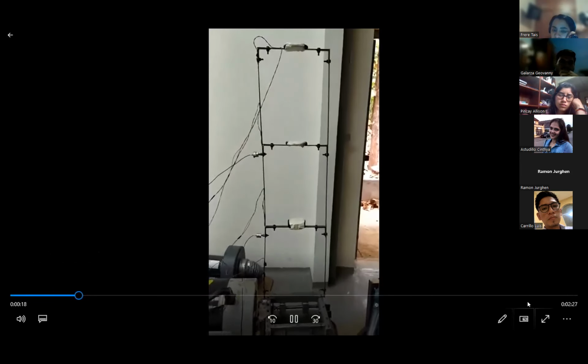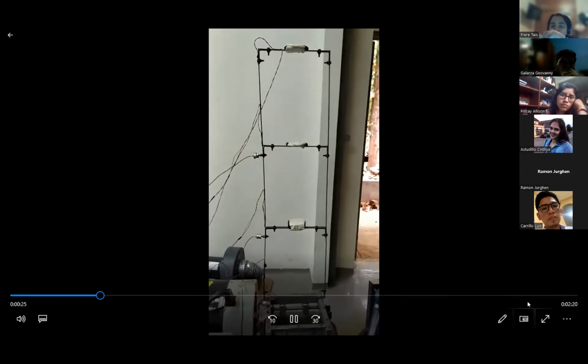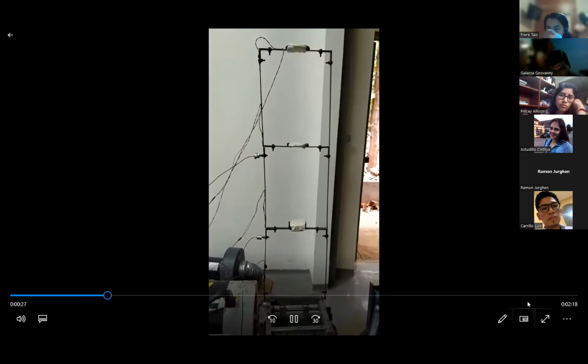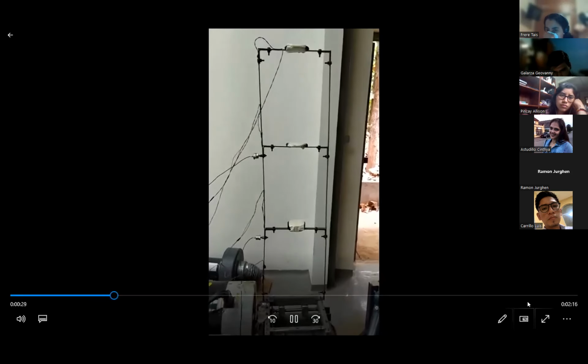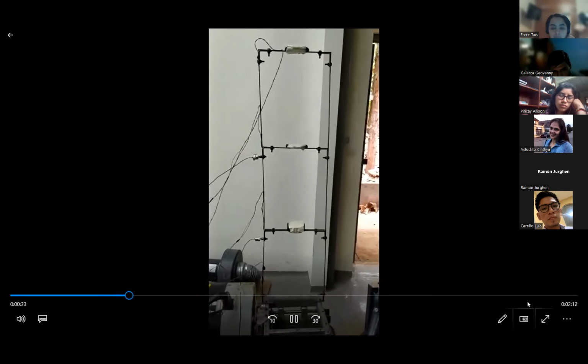The amplitude is probably about 1 centimeter at the top. 1 centimeter is large. But then you see that the amplitude of the top decreases, and then the frequency increases and the amplitude is smaller.